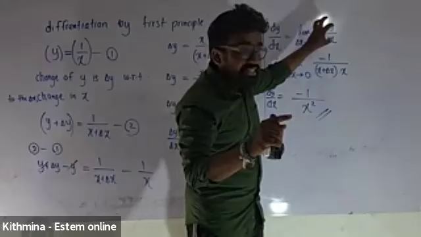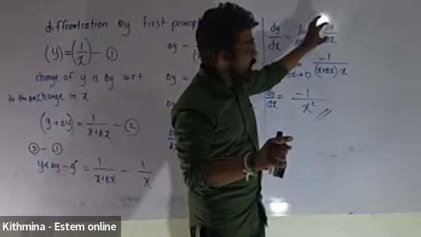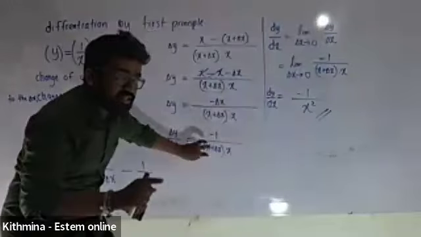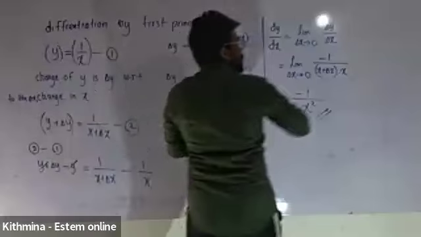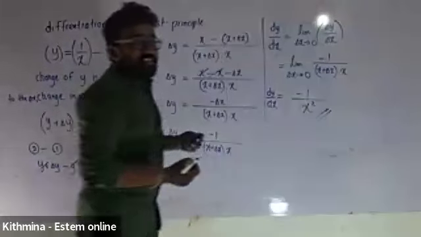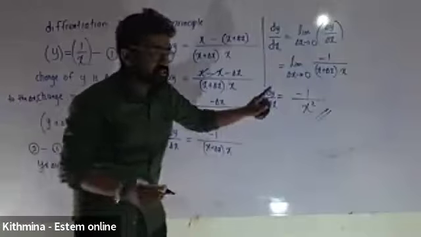I substitute delta y over delta x instead of delta y over delta x. I substitute this from this. For the entire thing, I substitute this. Is it okay? Yes, got it.